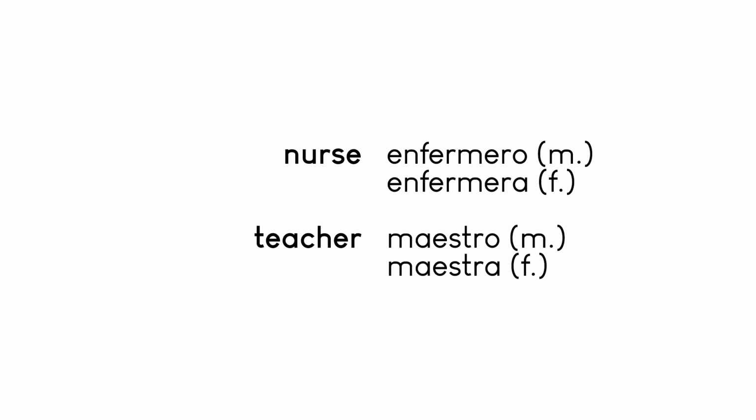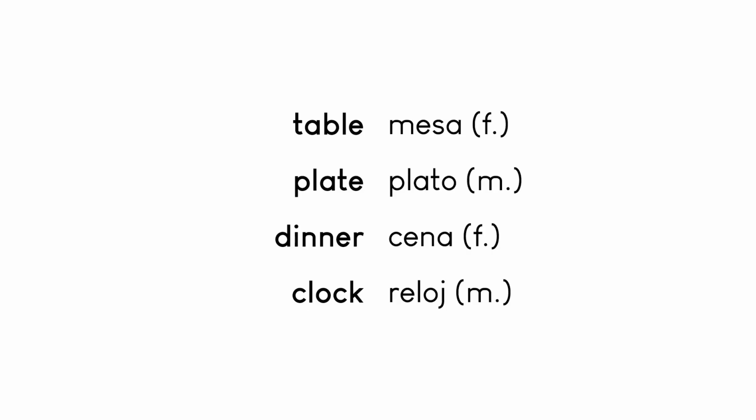Then, unlike in English, most nouns have gender, not only those that refer to people, such as el enfermero and la enfermera, or el maestro and la maestra, but even inanimate objects. Don't worry, we don't use inclusive language with these, only when it comes to people.